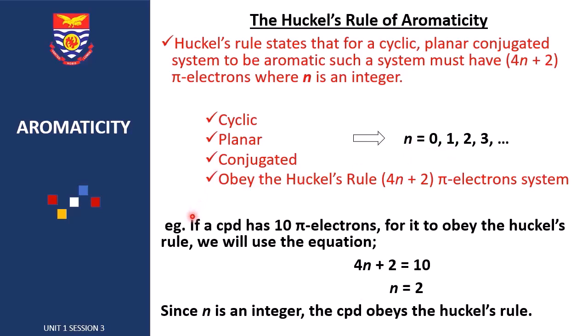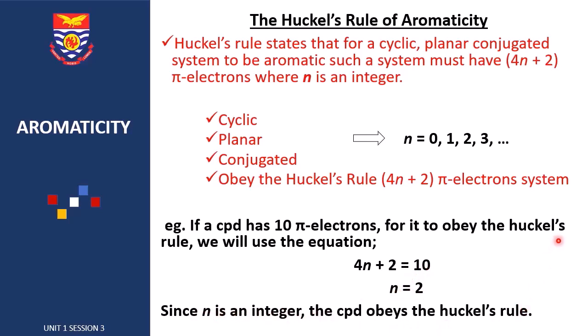If you take a typical example here, if a compound has 10 pi electrons, for it to obey Hückel's rule, we will use the 4n plus 2 equation. If it has 10 pi electrons, then 4n plus 2 equals 10, and n will be equal to 2. Since n is an integer, the compound obeys Hückel's rule, and therefore we can classify the compound as an aromatic compound.